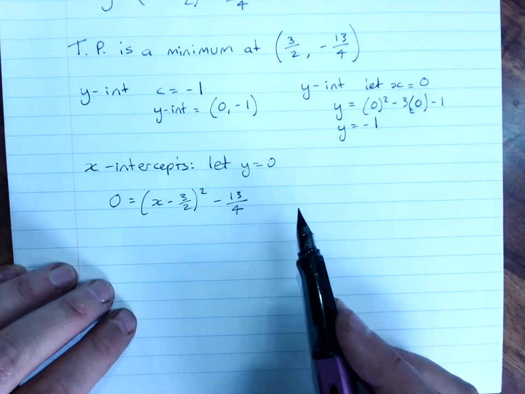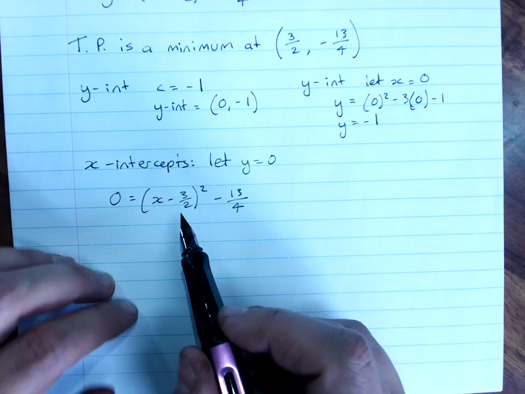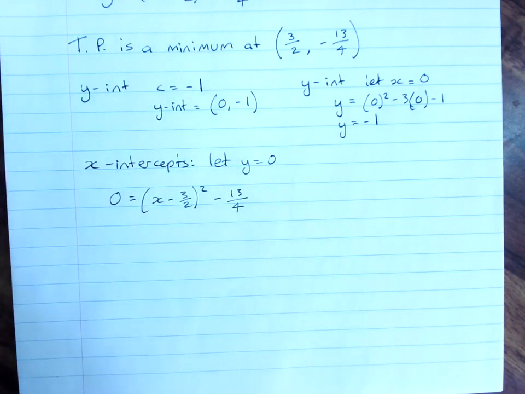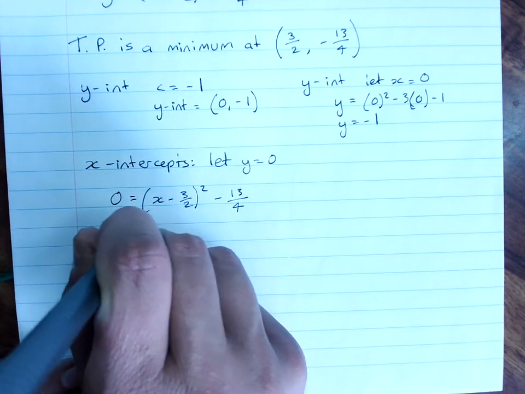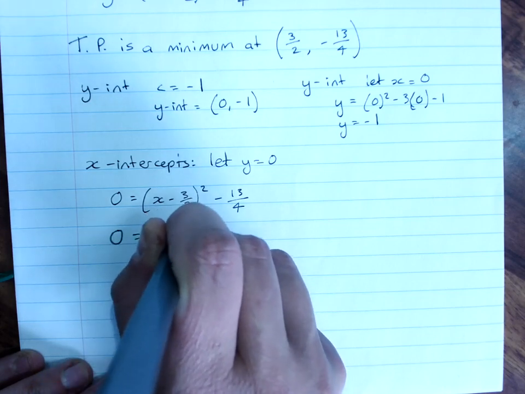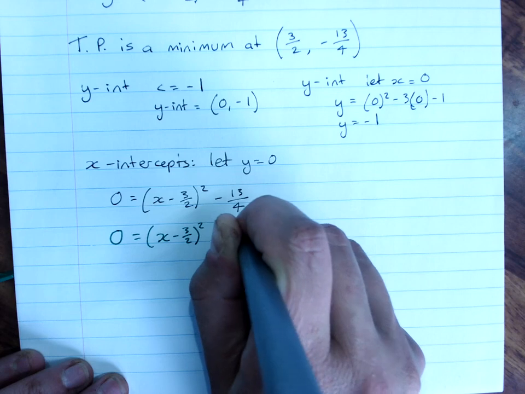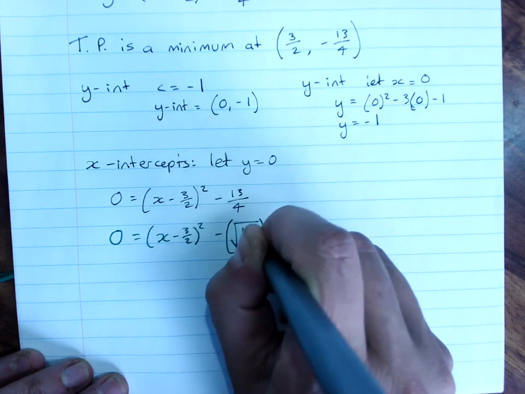You know you're aiming for exact values, so there's going to be surd form over here. This can be made into a square. If you want to do this line of working, you are welcome to. I'll just switch colors. Remembering that this is 0 equals x minus 3 over 2 squared minus the square root of 13 on 4 squared.